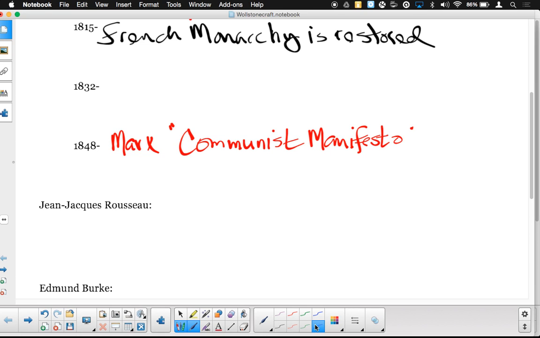Communist Manifesto. Anyone identify really what group of people this is geared toward?